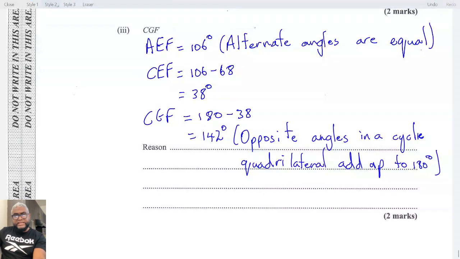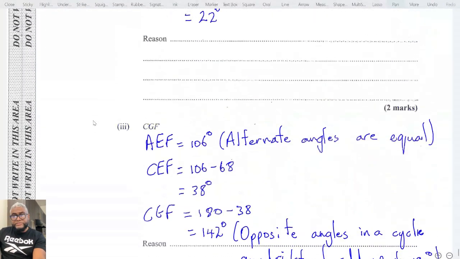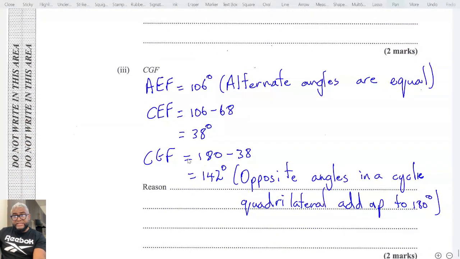Right? Opposite angles in a cyclic quadrilateral add up to 180 degrees.